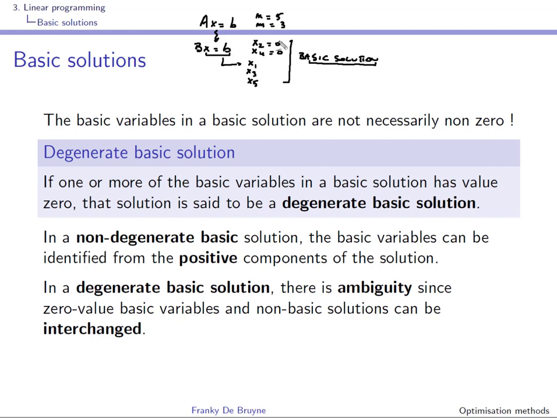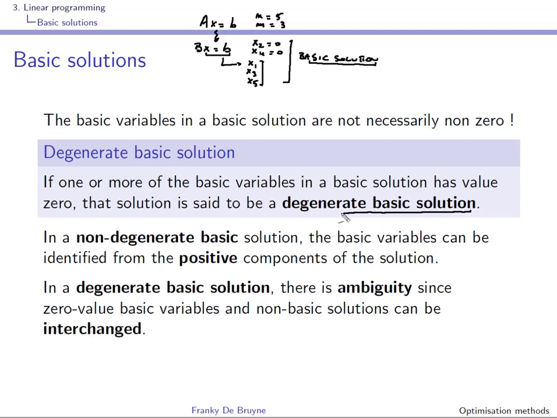So by looking at the solution and looking at the ones that are different from 0, you can isolate the basic variables. But what can happen is that when you solve this system of equations, one of the basic variables is 0 as well, and this then leads to a degenerate basic solution, right?